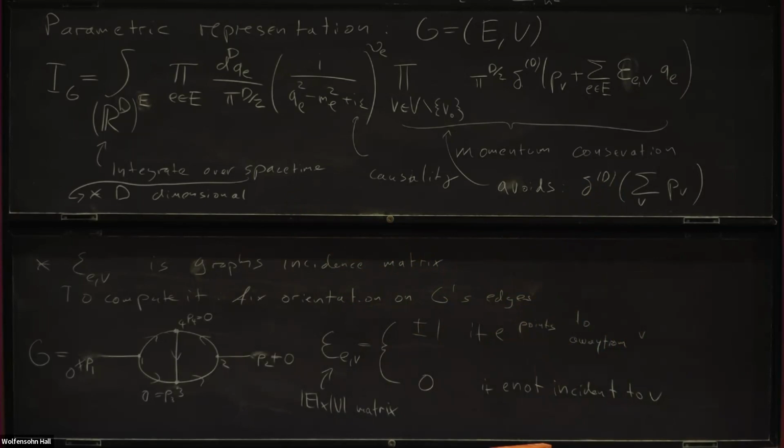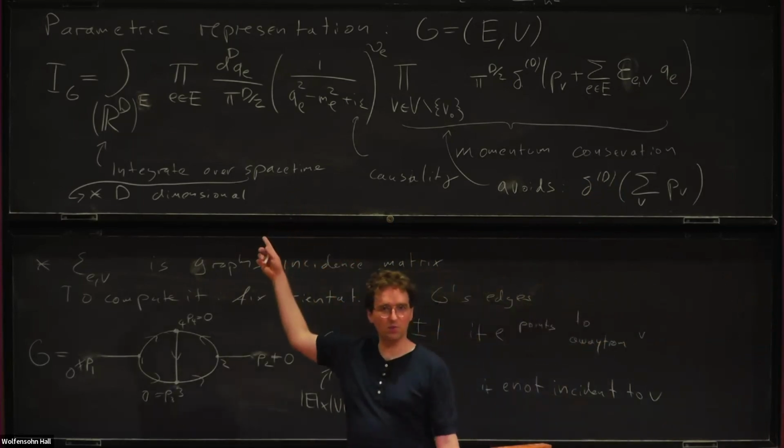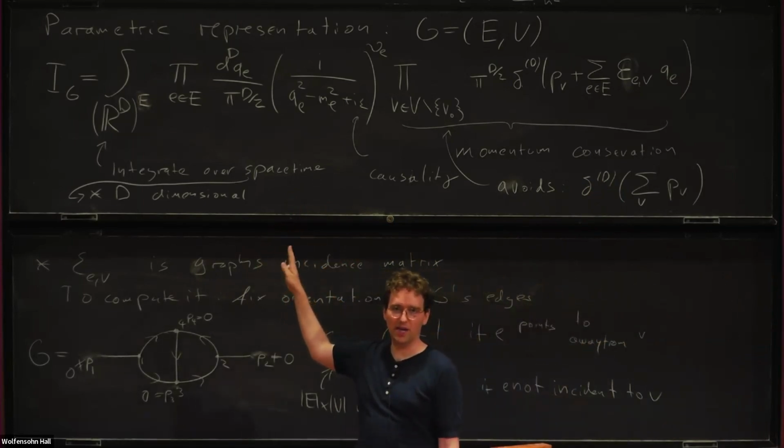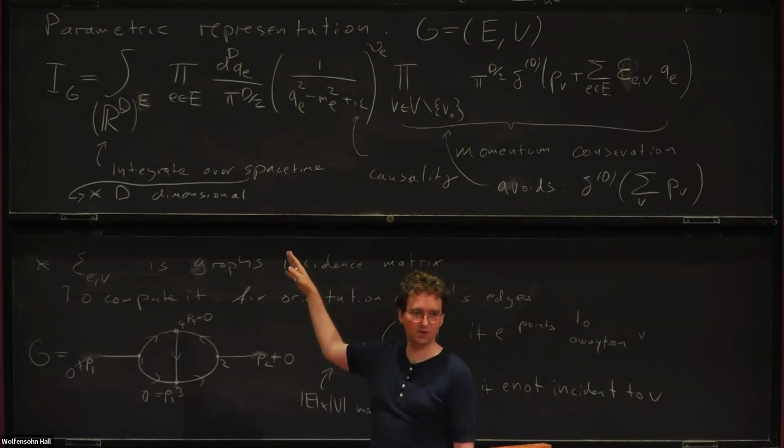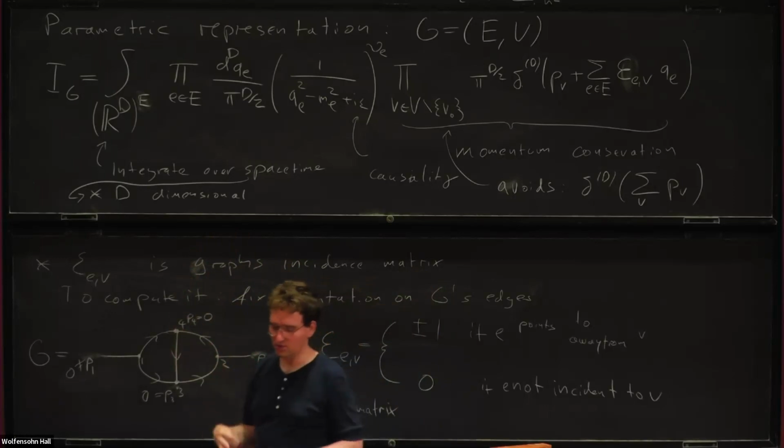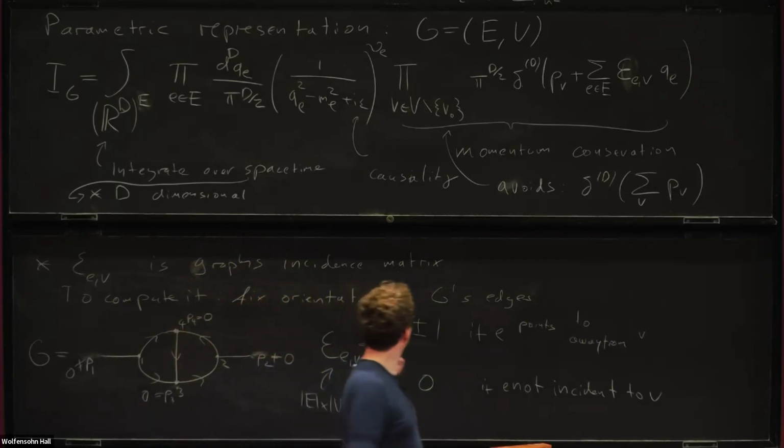And another problem comes from the fact that we are integrating over a non-bounded domain. So this is very bad for, for instance, numerical computer algorithms. So we always need something which is bounded and compact to be able to numerically integrate over it. And this is what we do by passing to the parametric representation. And this is what I'm going to explain now.